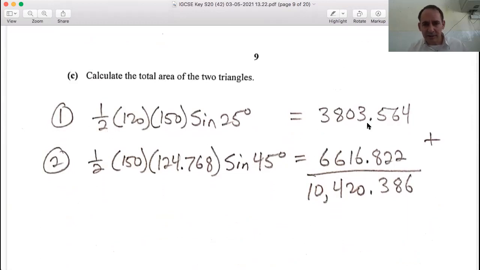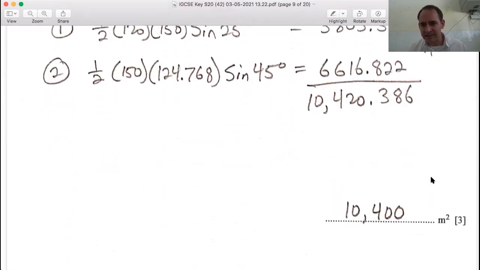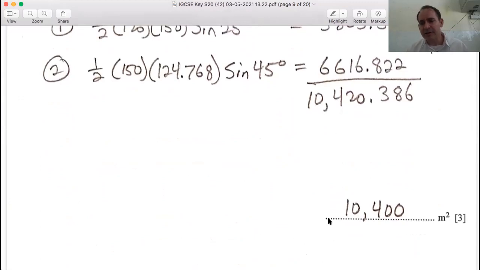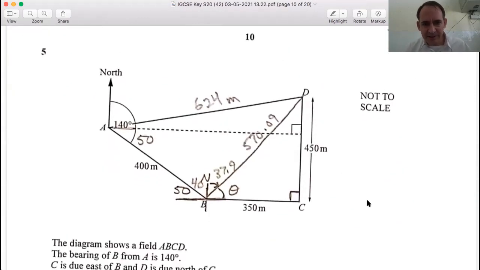So these all calculate out to 3,803.564 and 6,616.822. Add those together and our total area is 10,420.386. To three significant figures is 10,400 meters squared.